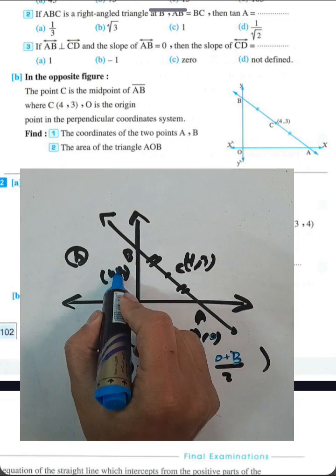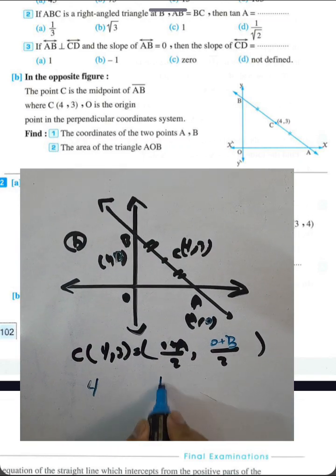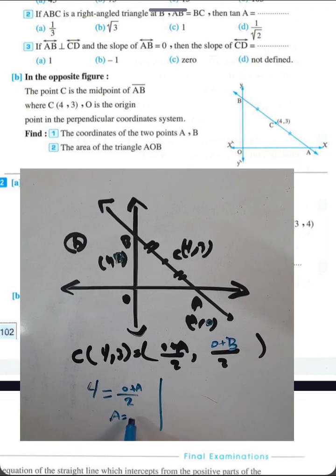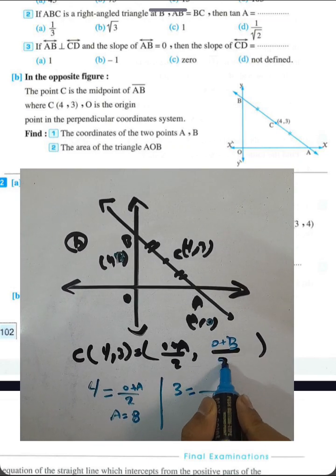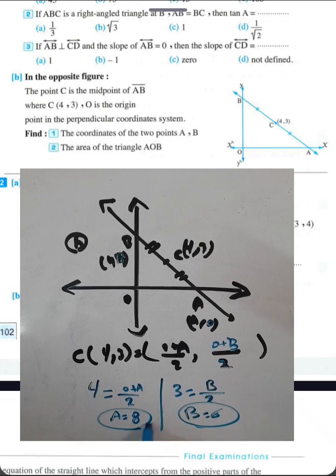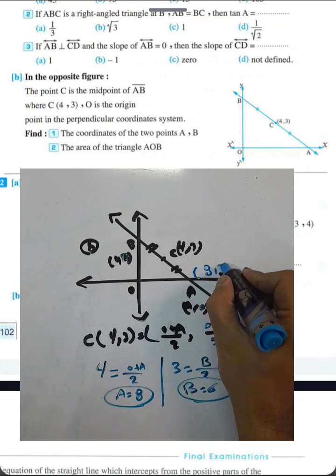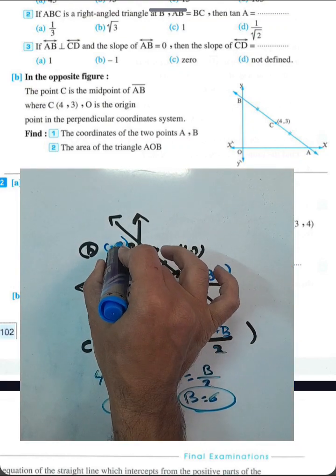Then for the first projection, 4 equals 0 plus A over 2, so A will be equal to 8. And for the second projection, 3 equals 0 plus B over 2, then the value of B equals 6. Point A will be 8 and 0, and point B will be 0 and 6.